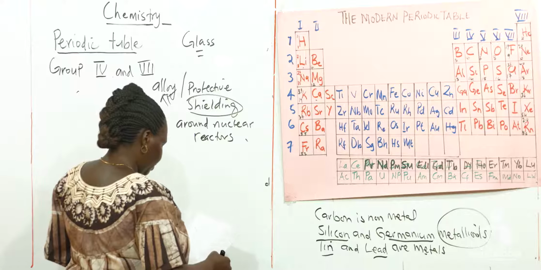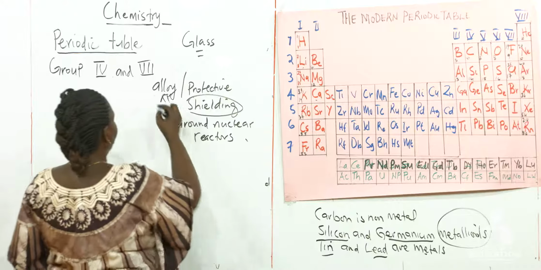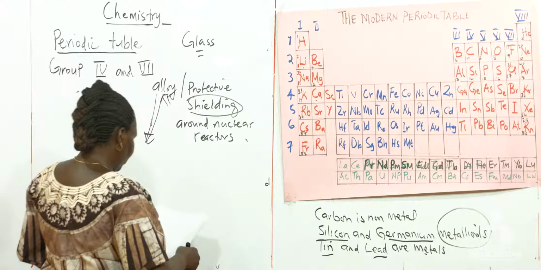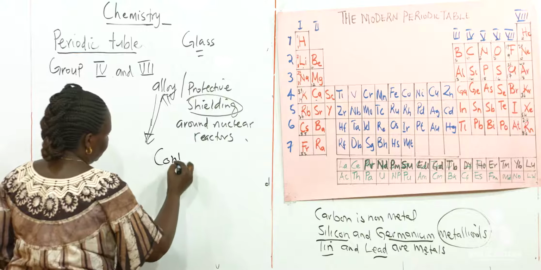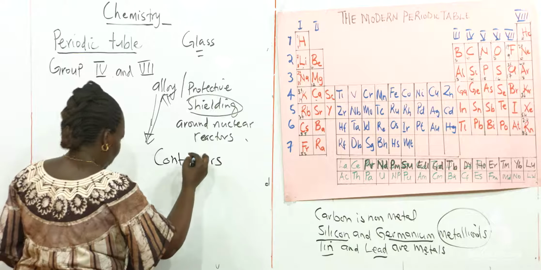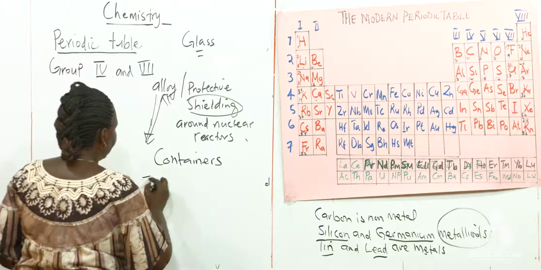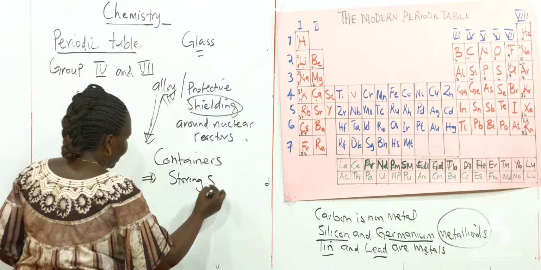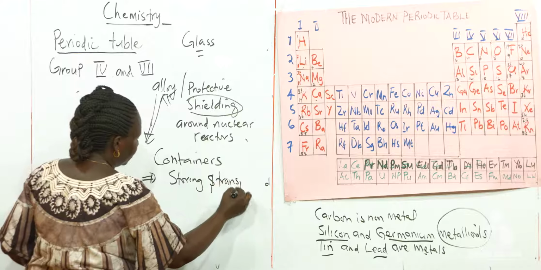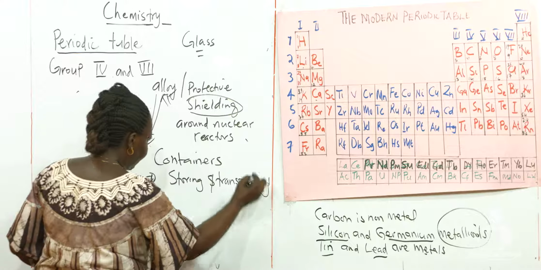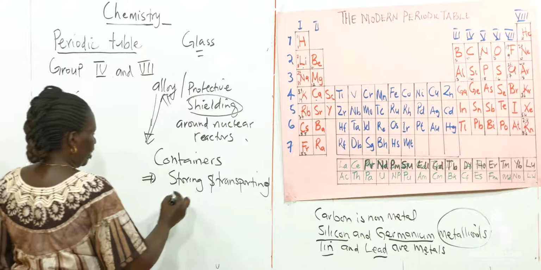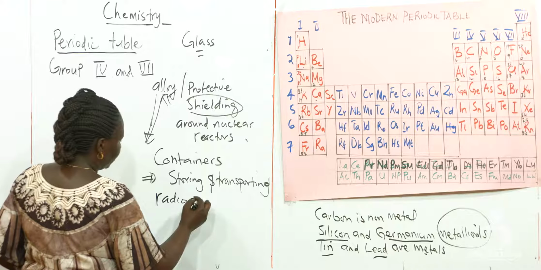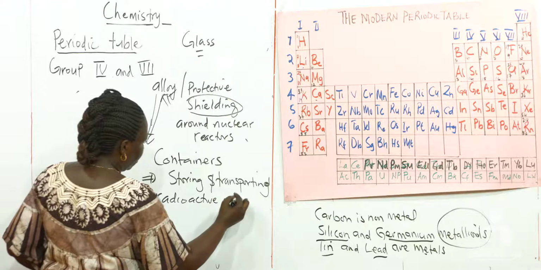And then also, these alloys that contain tin can be used for making containers. These containers can be used for storing and transporting radioactive materials.